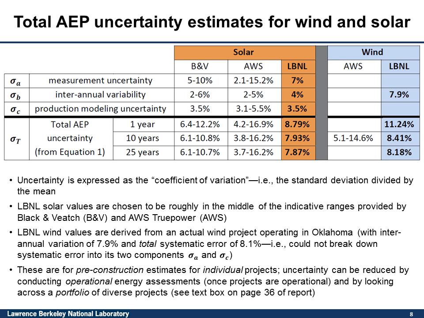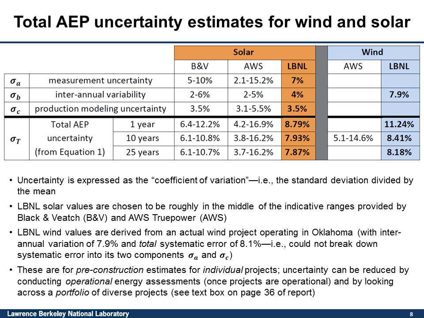And this table provides the breakdown of uncertainty estimates that I'll be using for the LCOE modeling a little bit later on. For solar, I've chosen values that are roughly in the middle of indicative ranges provided by Black & Veatch and AWS True Power, which are two consultancies that do a lot of resource studies. For wind, meanwhile, I'm using values from an actual wind project that's operating in Oklahoma.